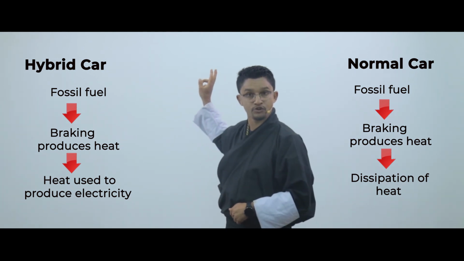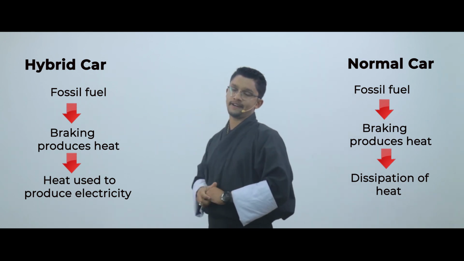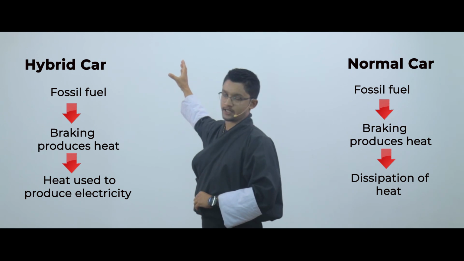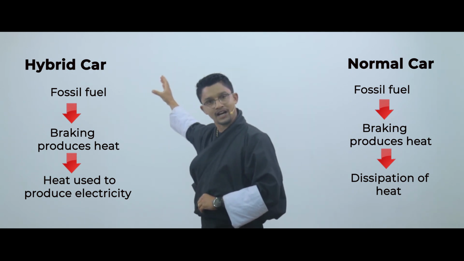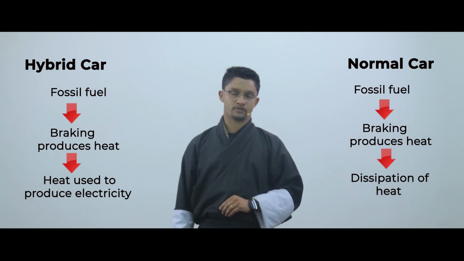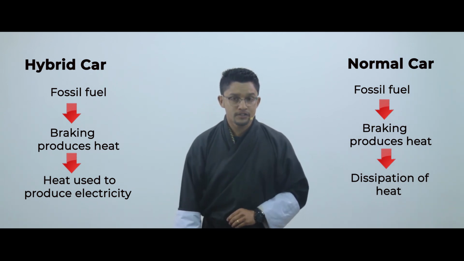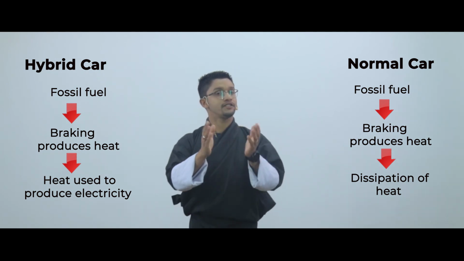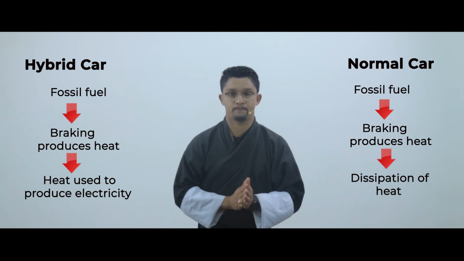A hybrid car makes use of that form of energy. So if you look here, it uses fossil fuel to run the car. And once the car is running, in the braking process, a huge amount of heat is produced. That heat is used by the generator to produce electricity, and the electricity is stored in the batteries.